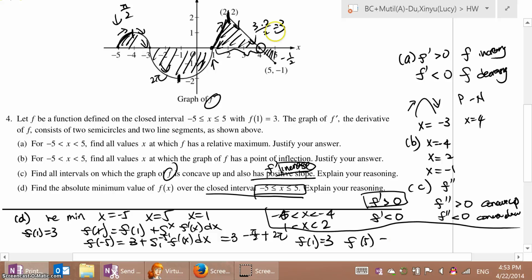So we have 3 plus 3 minus a half, and it's greater than 3, so we figure out that the absolute minimum is 3 at x equals 1, and that's it.